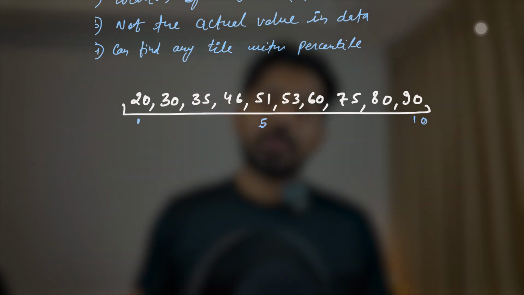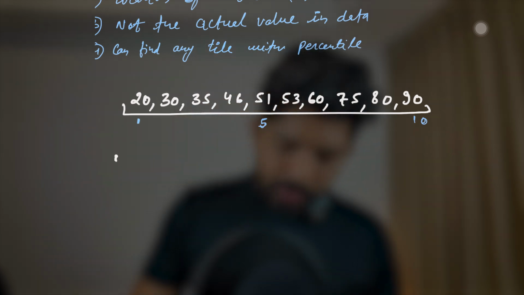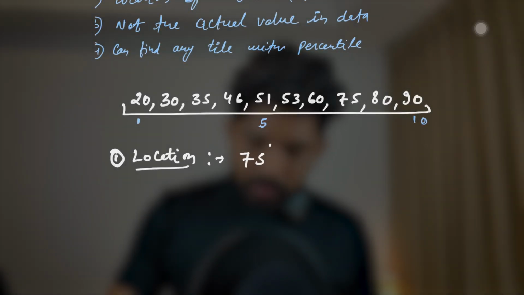Okay, now if someone asks the location, so the first topic is location. If someone asks what is the 75th percentile in this data set, right? So the question is, the 75th percentile in this data set means the location of the 75th percentile in this data set.